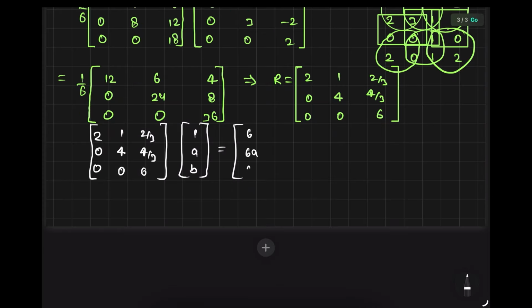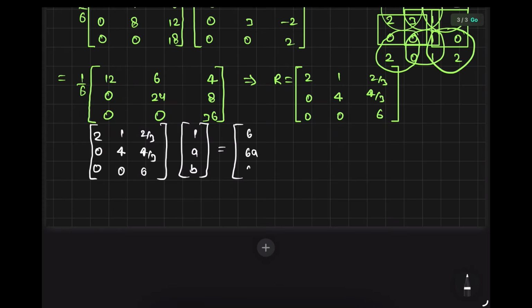Now look at this. I will get two equations and then I'll try to find out the value of A and B. So I'll multiply this with this. So you got 2A plus 2B by 3 equals to 6. This is your first equation. Then I will go with this idea.